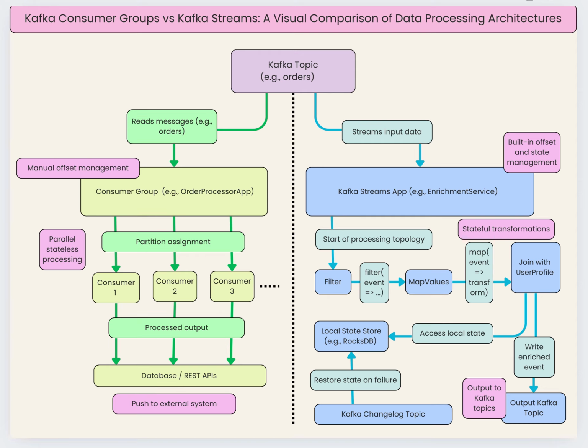At the heart of both approaches is the Kafka topic, a distributed append-only log that stores events like customer orders, logins, sensor data. This topic is partitioned for scalability, and from here two paths emerge, one to a Kafka consumer group and another to a Kafka Streams application.